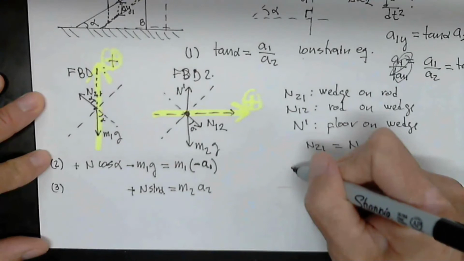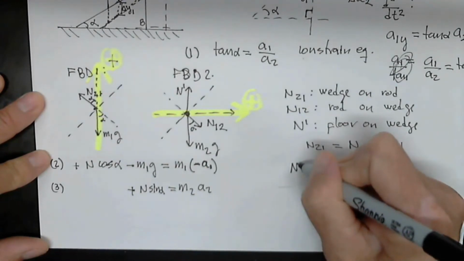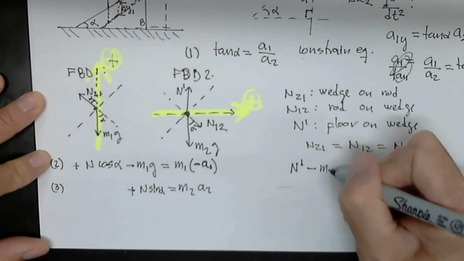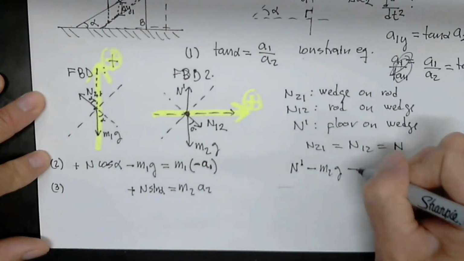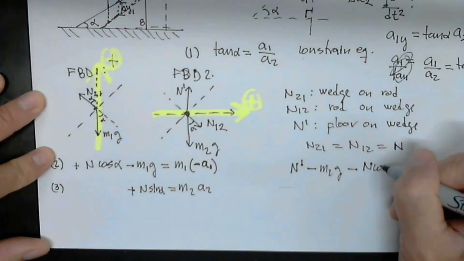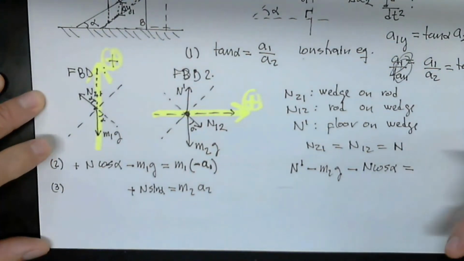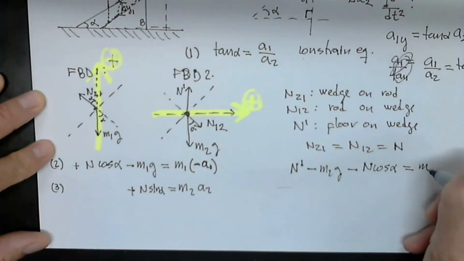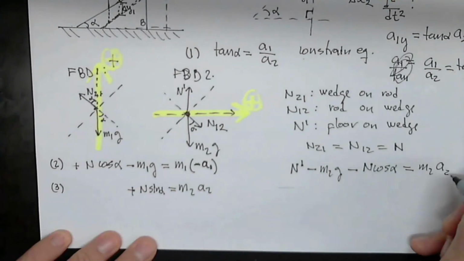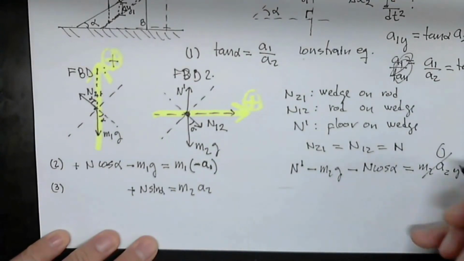I will put it over here: N prime minus M2g minus N cosine of alpha, and that equals 0 because the wedge doesn't move in the y-axis.